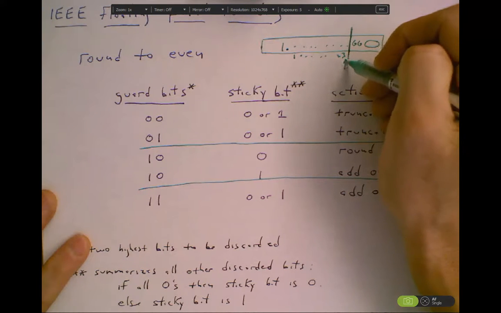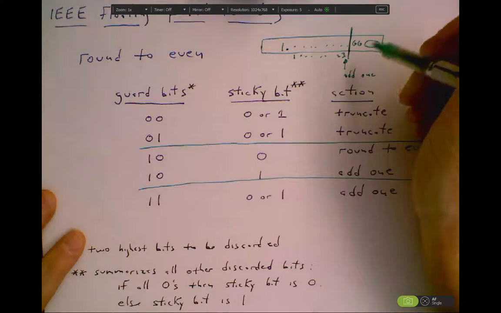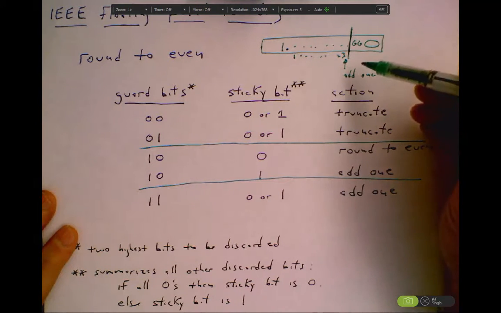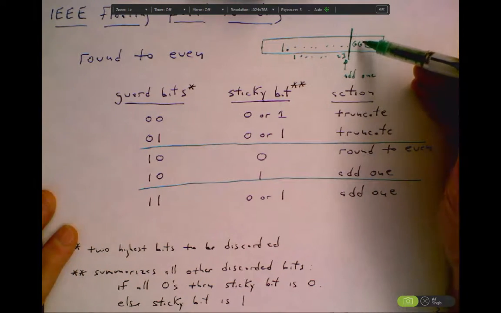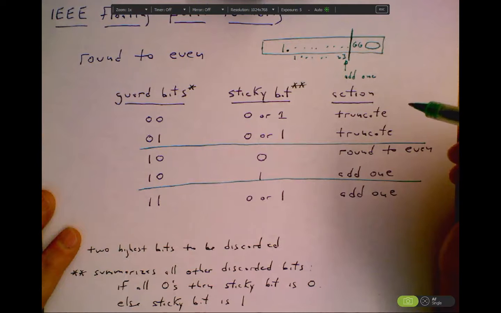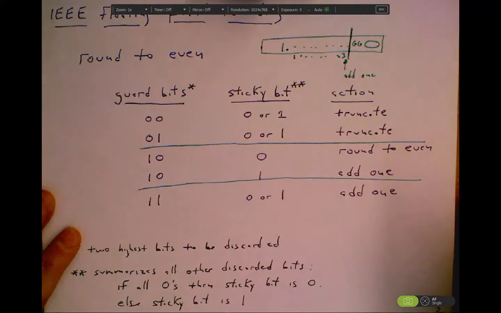We want to round up by adding 1 here. And again, if you think back to high school chemistry class, those two bits are clearly above 1/2, and so we're rounding up. And we round up by adding 1 to that last bit position that we're going to save.